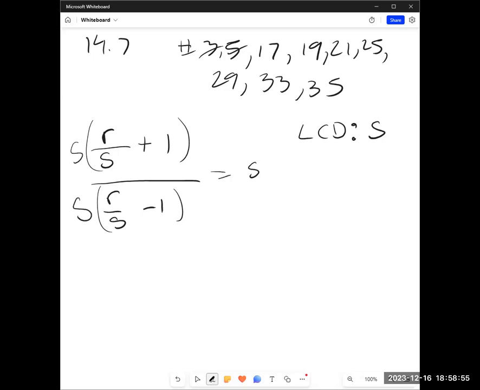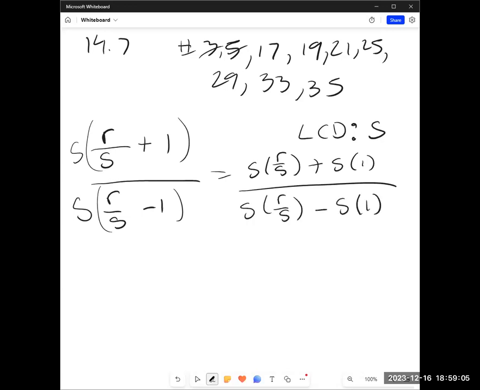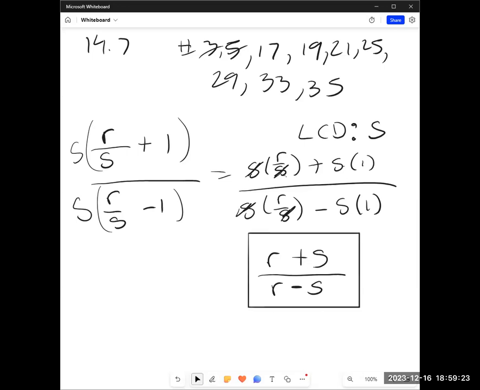And that's going to be s times r over s plus s times 1 over s times r over s minus s times 1. I'm just doing this the first time to show you what I'm doing, and those s's will cancel and leave me with an r. S times 1 is s. These s's will cancel and leave me with an r minus s. And that's method 2.